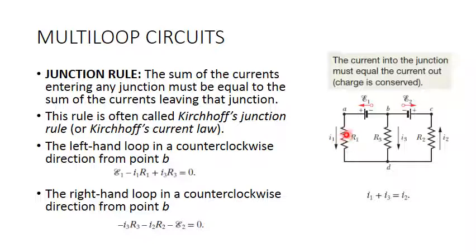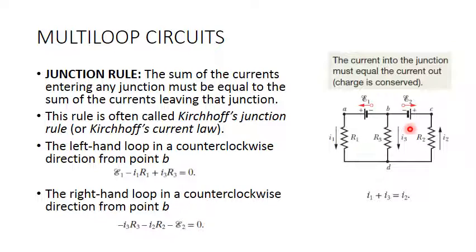We have the voltage drop across resistance R1 and the current here is in the opposite direction of the loop, so it is minus I1 R1. And finally R3 multiplied by I3, but in this case the current is in the opposite direction to the loop. So in this case it is plus I3 multiplied by R3. So for the first loop, E1 minus I1 multiplied by R1 plus I3 multiplied by R3 equals 0.